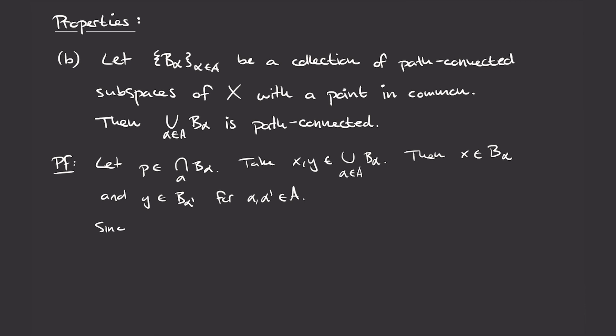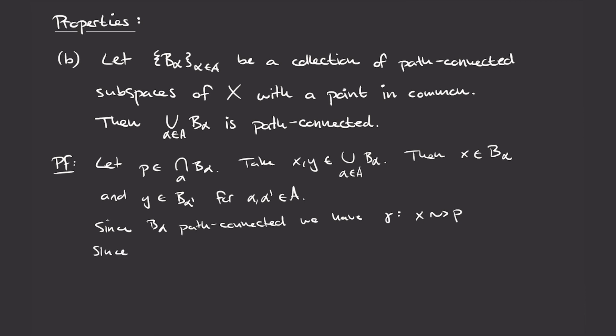So since B alpha is path connected, we have some path gamma which goes from this point X to the common point P, which lies in all of the B alphas.